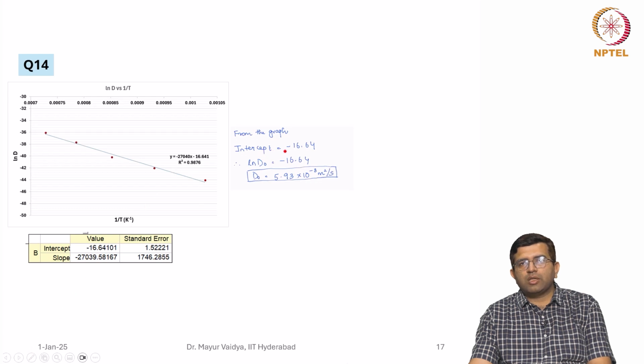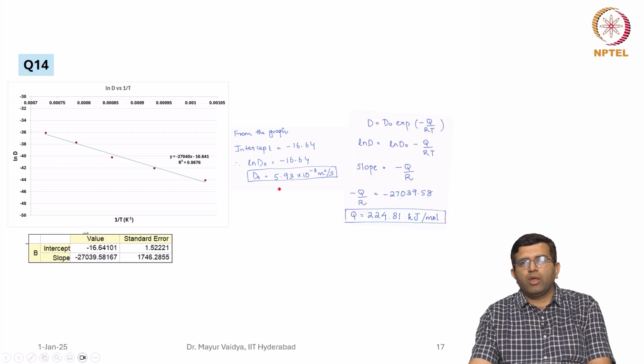The intercept is nothing but ln D0, so from that you can get the value of D0, which in this case comes out to be 5.9 into 10 power minus 8 meter square per second. The slope is equal to minus Q by R, and you can calculate Q using this relation, and it comes out to be 224.81 kilojoules per mole. So, remember to take the units correctly, and all should be consistent.